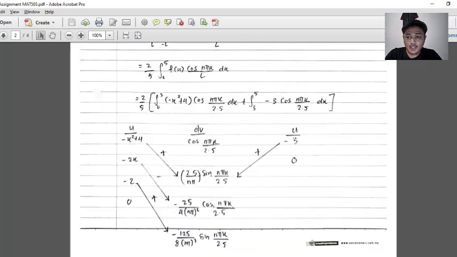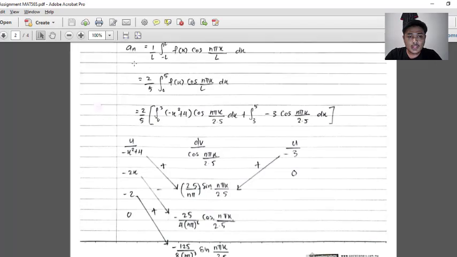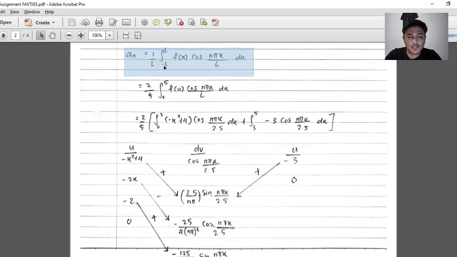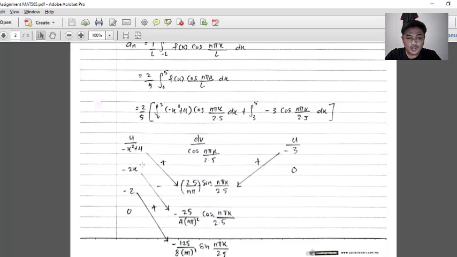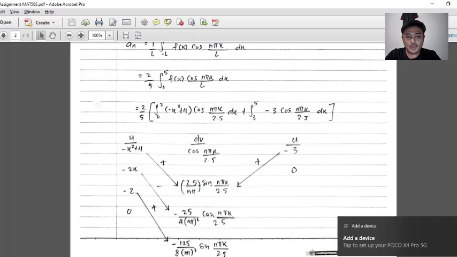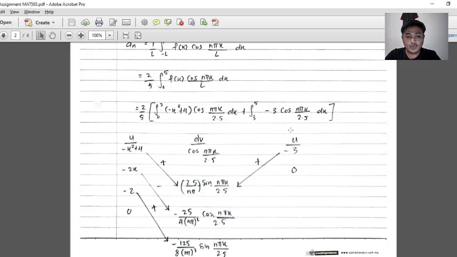This is for a0. Next we find the an. The general equation is 1/L, integrate the function cos n pi x over L. Then we integrate this equation. We need to integrate by parts. We put -x² plus 4 at the left side. At the middle, we put cos n pi x over 2.5.